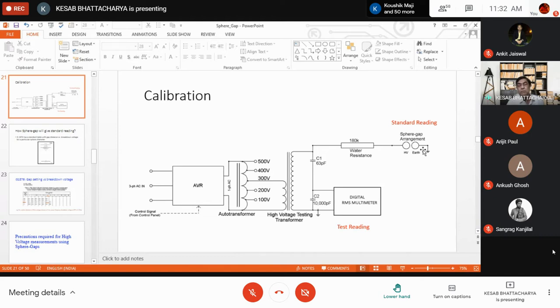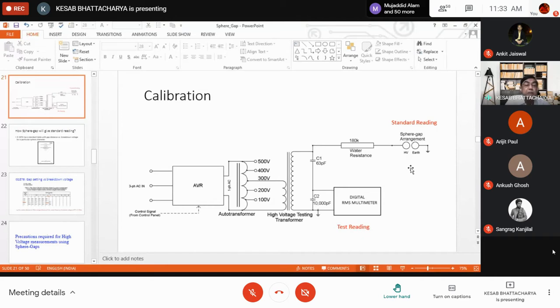will cause a breakdown. And if we know the diameter and the gap distance of this particular sphere gap, then it is possible to find that voltage from IS 1876.